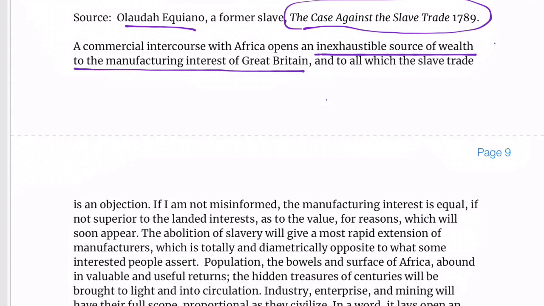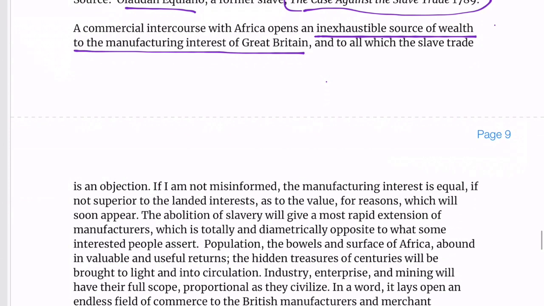If I am not misinformed, the manufacturing interest is equal, if not superior, to landed interest as to the value, for reasons which will soon appear. The abolition of slavery will give a most rapid extension of manufactures, which is totally and diabolically opposite to what some interested people assert.